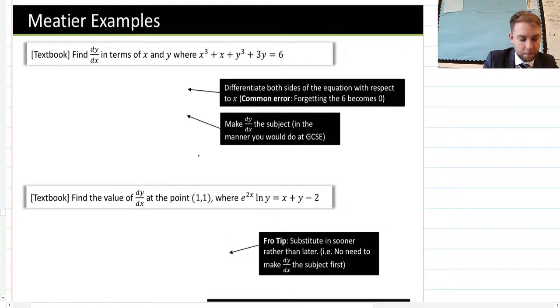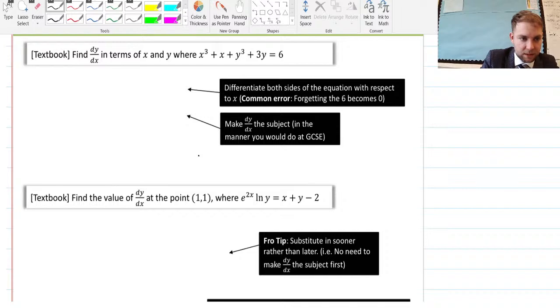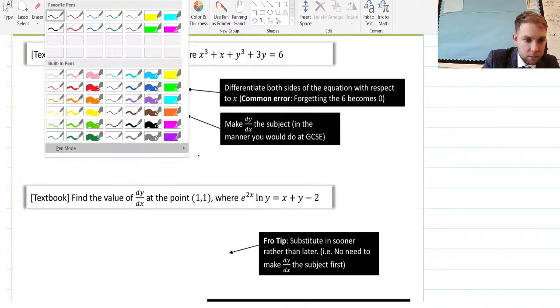Now, first of all, I'm going to give myself some more room here.